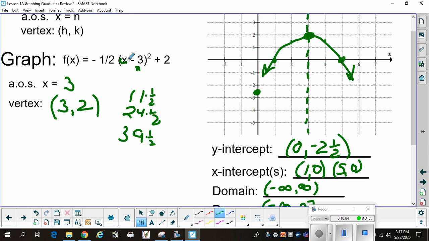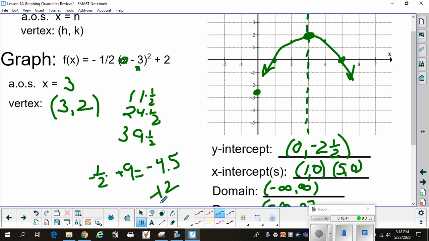The other way that I could do it, if graphing weren't easy, is I could plug a 0 in here. 0 minus 3 would give me negative 3, squared, sorry, positive 9, because I'm squaring it, times negative 1/2, which would give me negative 4.5, and then plus 2.